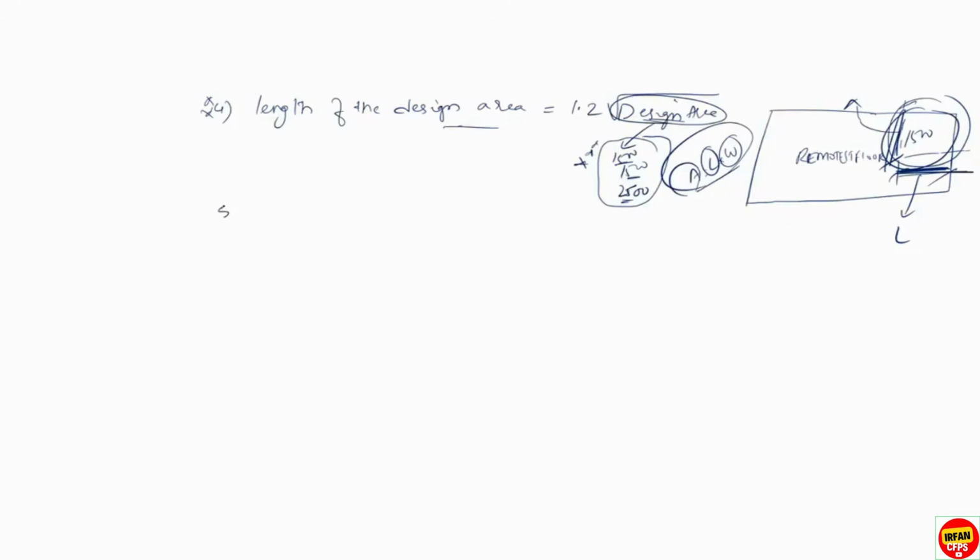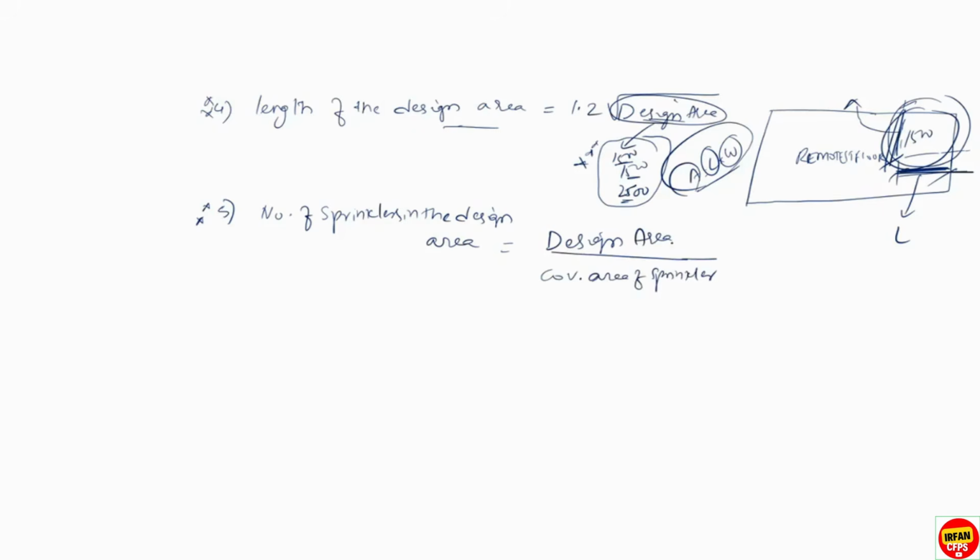Okay, now the other formula. This is also very important. You have to remember this or make a note of it. The number of sprinklers in the design area is equal to the design area divided by the coverage area of the sprinkler.